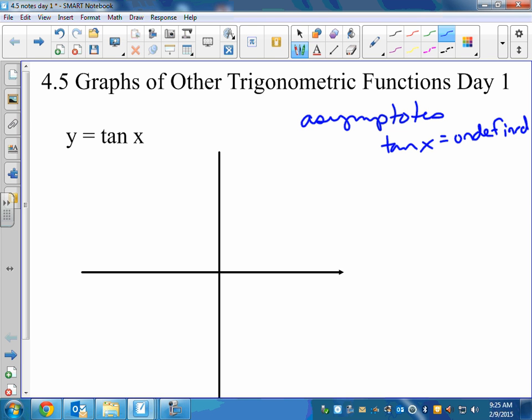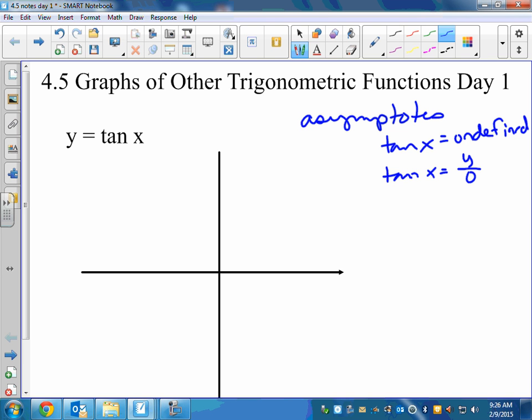Tangent is what ratio again? Y over x, which means it's going to be undefined when x is 0, yes? Where does x equal 0? So it's going to be undefined when it's something over 0.